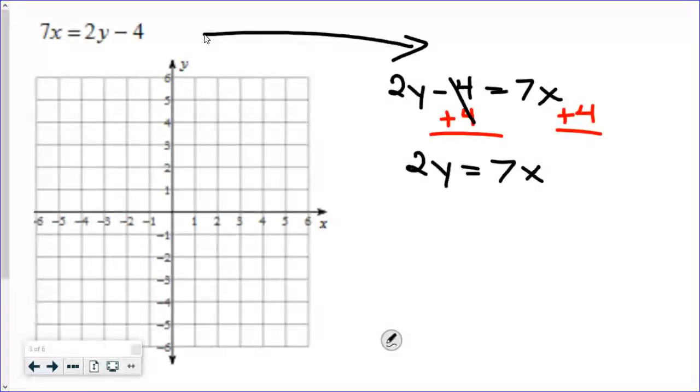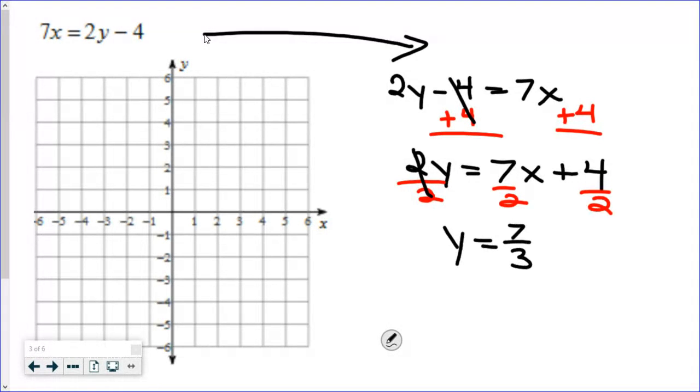And I need my x first. Okay, and then I divide every single thing by 2, every single term. And I don't want to make this a decimal. Whoops. I don't want to make it a mixed number. I want to leave it as an improper fraction. Don't make it a mixed number.